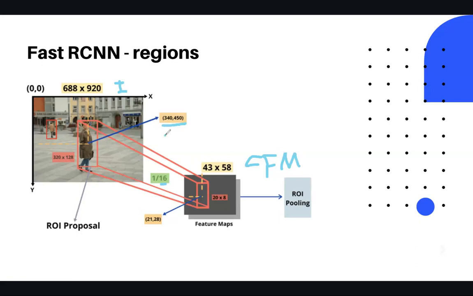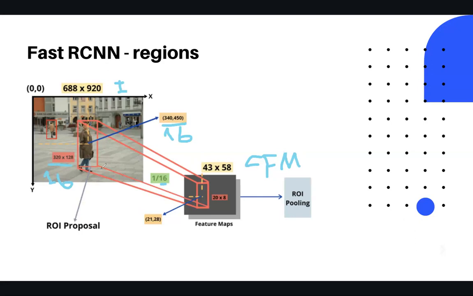Divide everything by 16. This is the only thing you need to do to go from applying selective search on the input image to finding the location of that ROI proposal in the convolutional feature map. So it's only a division by 16.